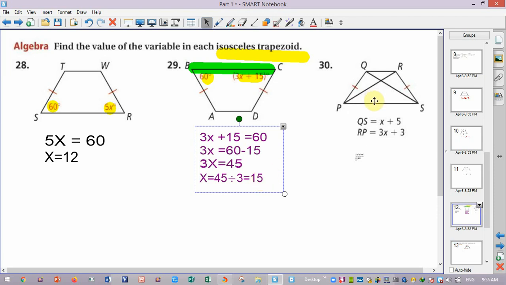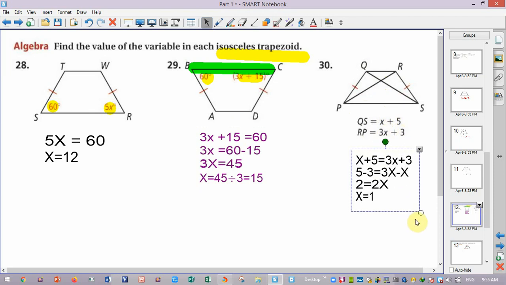Number 30: QS equals PR. Then x plus 5 equals 3x plus 3. Then x equals 1.